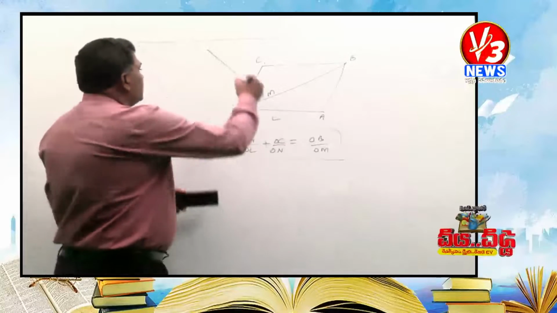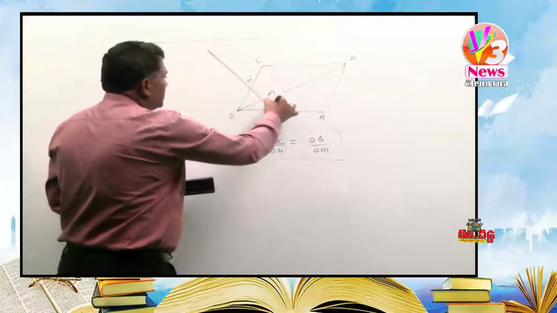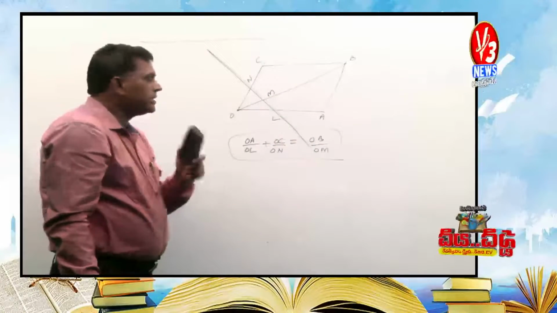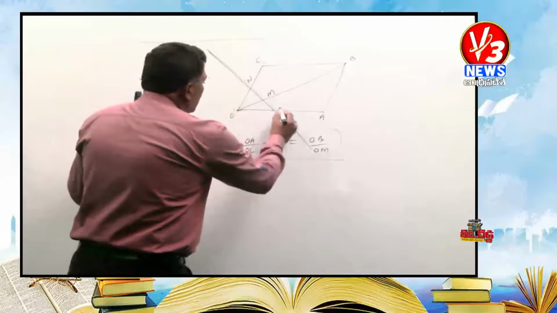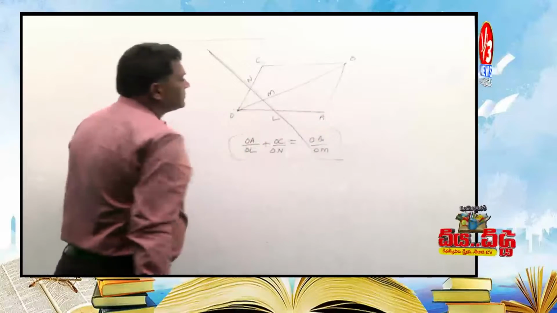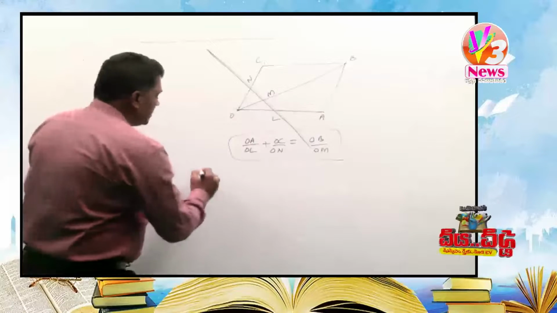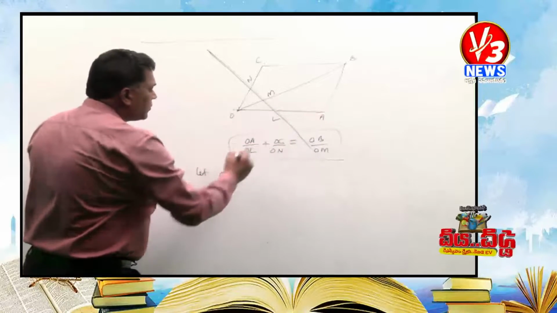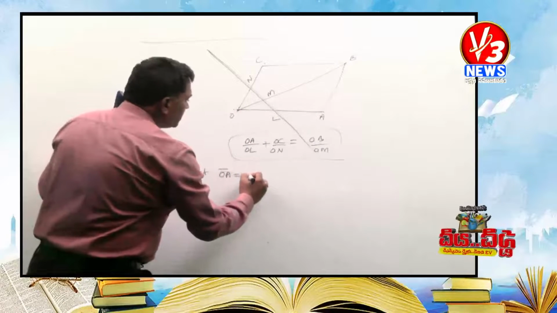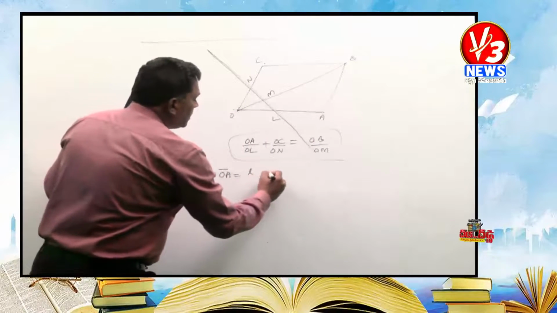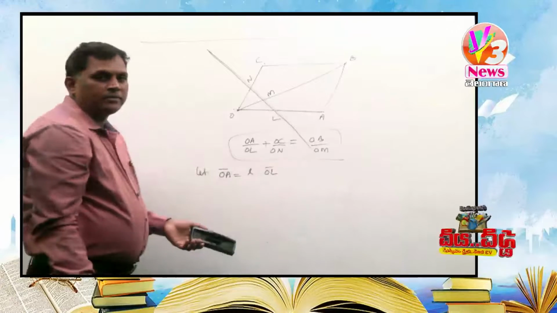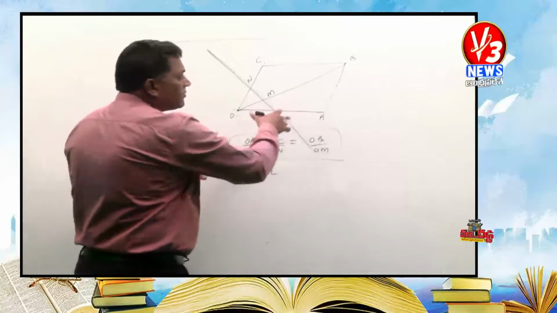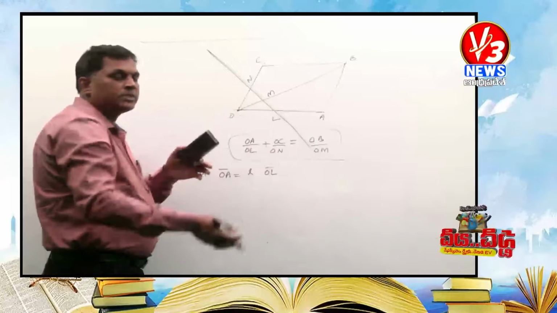Here this is the randomly chosen transversal, I said. Now OL and OA are collinear vectors. Let us assume vector OA bar equals some L into OL bar, L some constant, because these two are collinear vectors, we can express one in terms of the other.